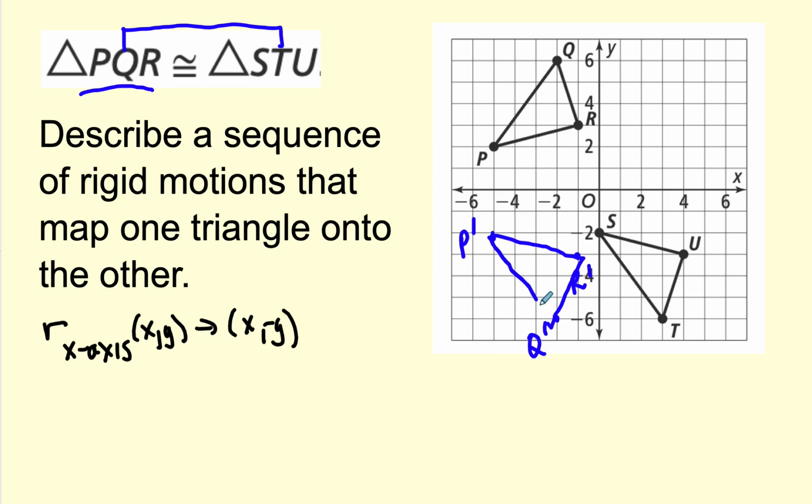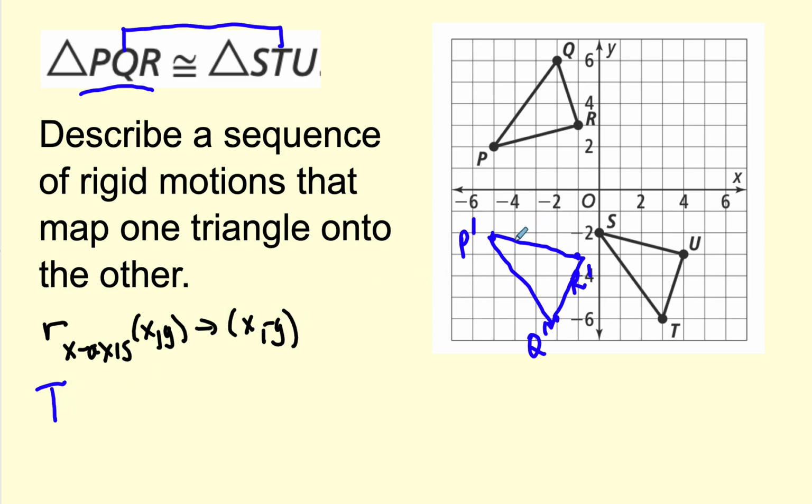Now you can see they look like they have the same direction. It looks like I'm getting 1, 2, 3, 4, down 1, 1, 2, 3, 4, down 1. Here I have 1, 2, 3 over 1, 1, 2, 3 over 1. So that looks perfect. All I have to do is a translation.